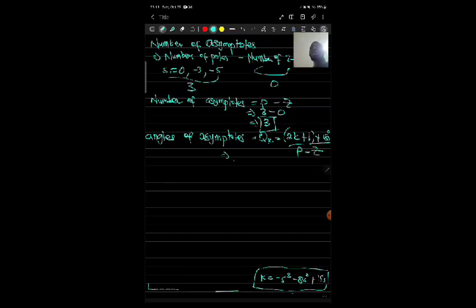Where k can be 0, since we've not found the value of k here, k is just like numbers: 0, 1, 2.